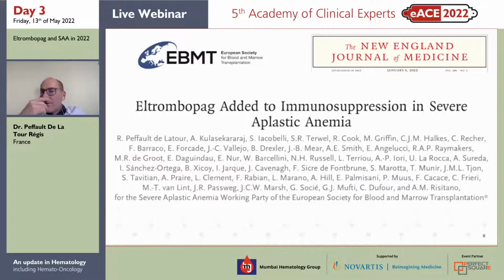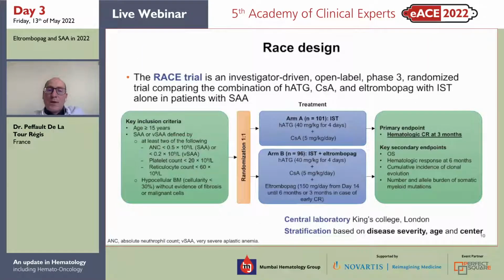It was not the case for eltrombopag, and we just published in the New England Journal the results of this phase 3 international academic trial run by the EBMT group. What we did is to randomly assign our patients to the standard treatment, horse ATG plus cyclosporine, compared with the experimental treatment, the same one, with eltrombopag added.